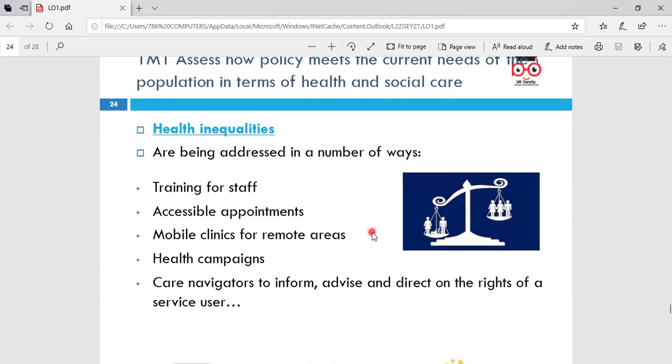Remote people cannot access medication or cannot access health. There should be excellent mobile clinics for them, not compromising on quality at all. Health campaigns can be there so that everyone can access them. And then care navigators to inform, advise, and direct on the rights of a service user.